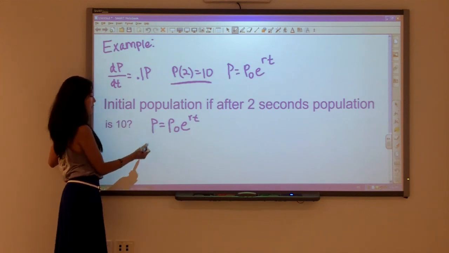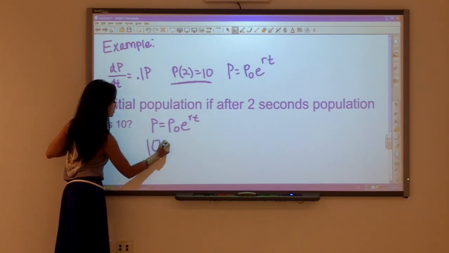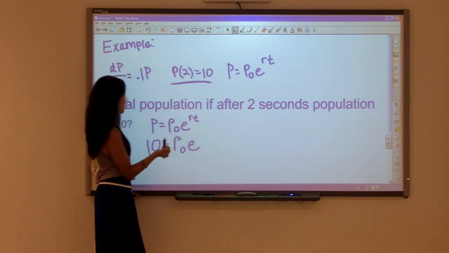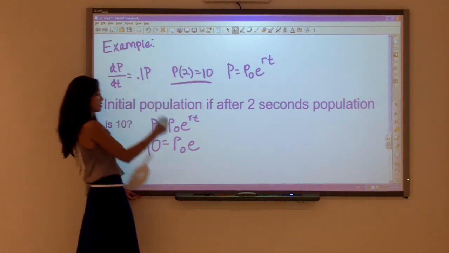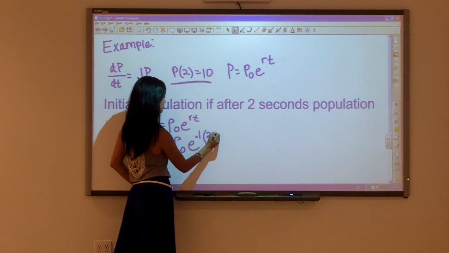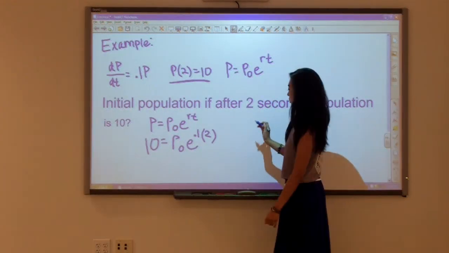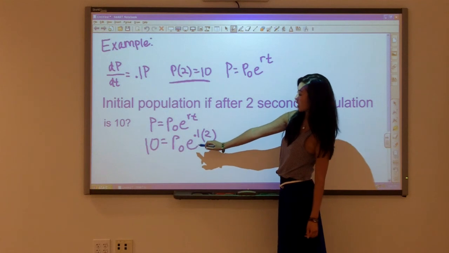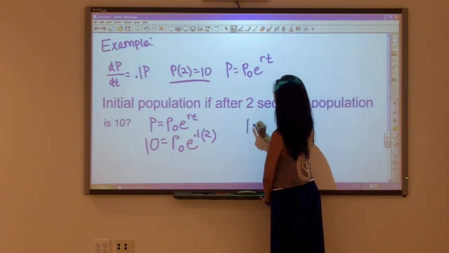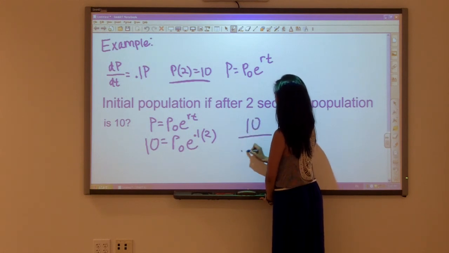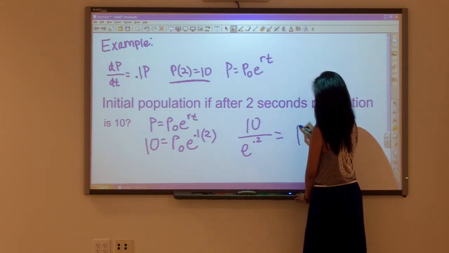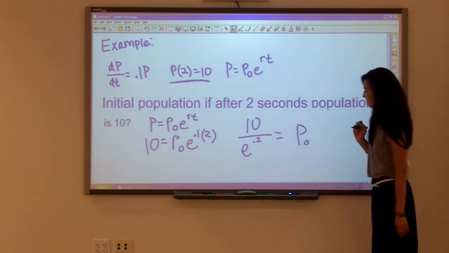The final population is 10, and we're solving for P naught, e, and R is 0.1, as you can see up here. And our time is 2. So we're solving for P naught, so we're going to divide both sides by e to the 0.1 times 2. And that's it.